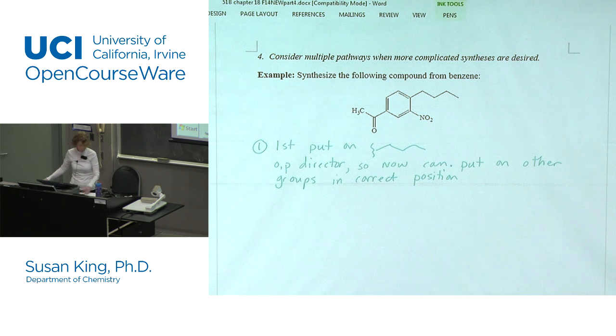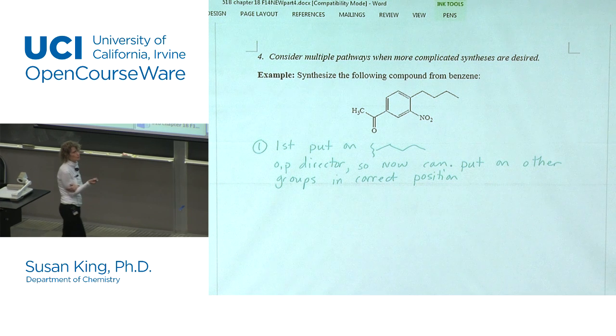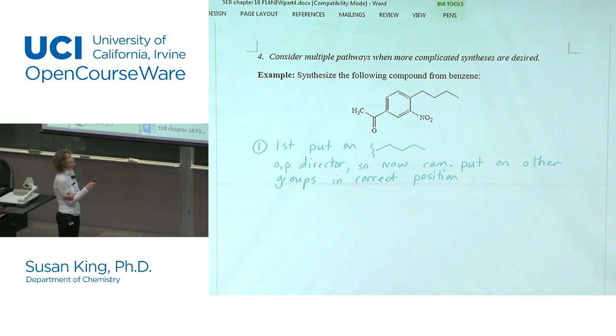All right, so now once that's on, what goes on next? Once this group is on, and we have 1, 2, 3, 4, butyl benzene, what goes on next? That has to go on next.